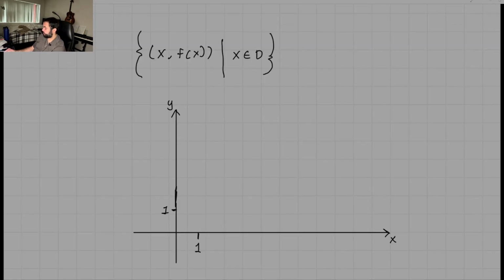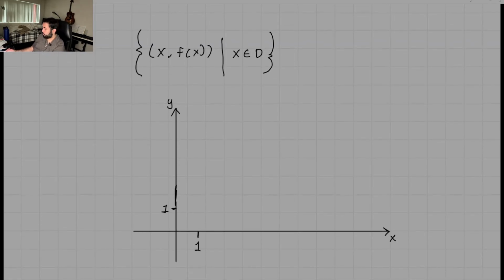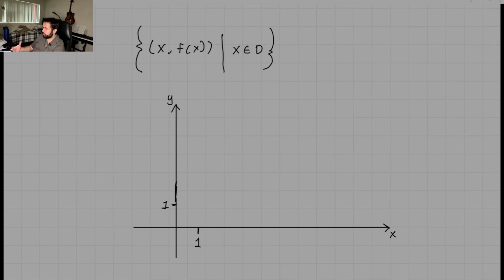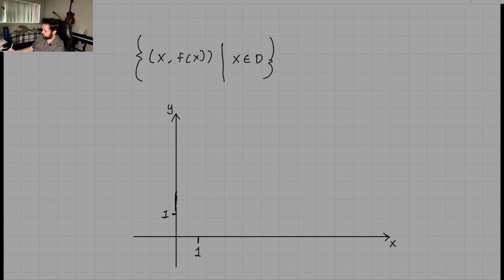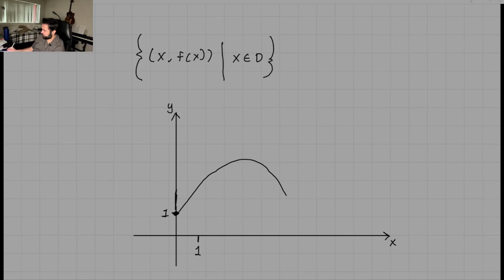So then we have our formal definition of what a graph is. Now we can apply that definition to see what it looks like visually. Let's say for this graph that we assign x is equal to 0 to be 1. I'm just going to draw a random function here. It's not too important what exactly it represents.